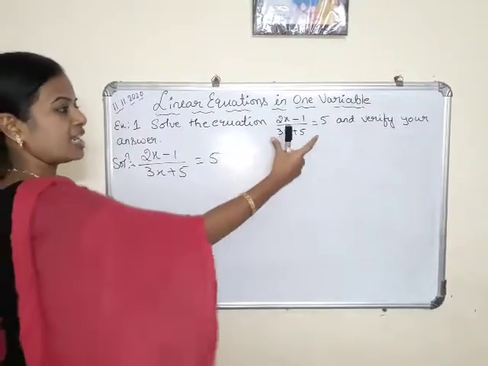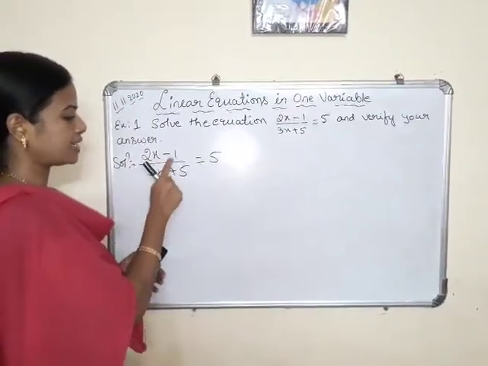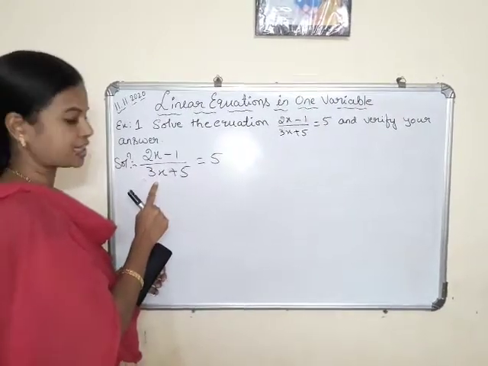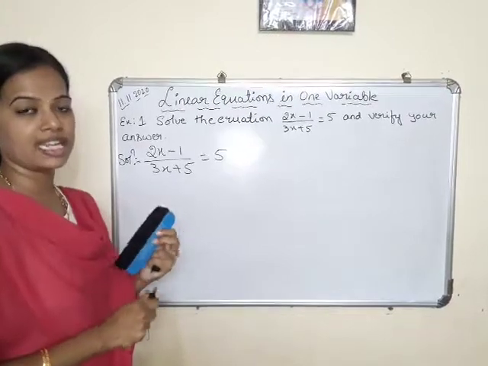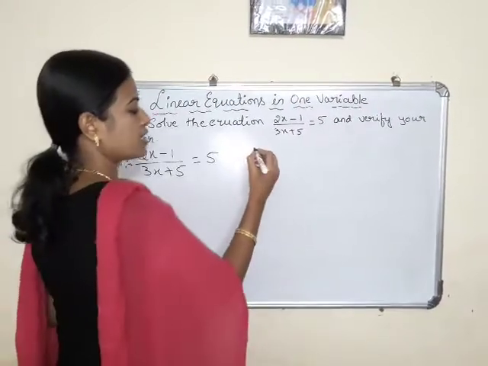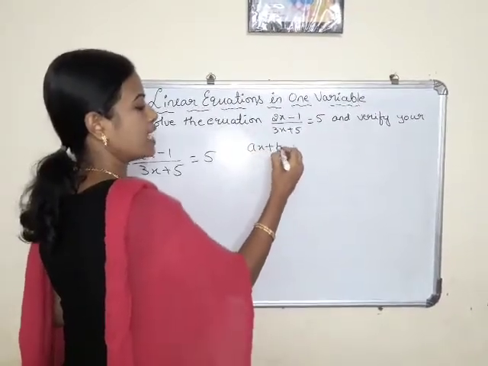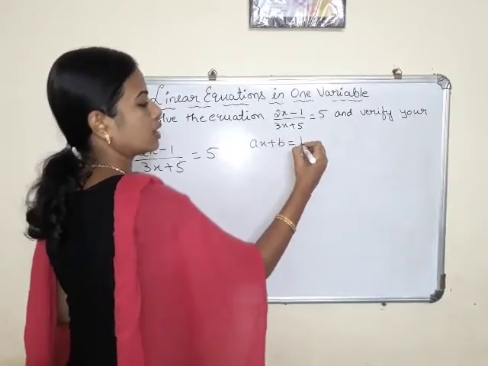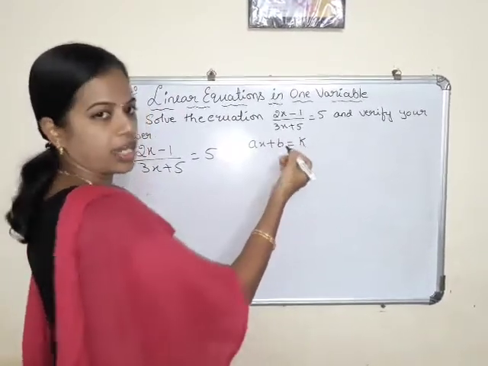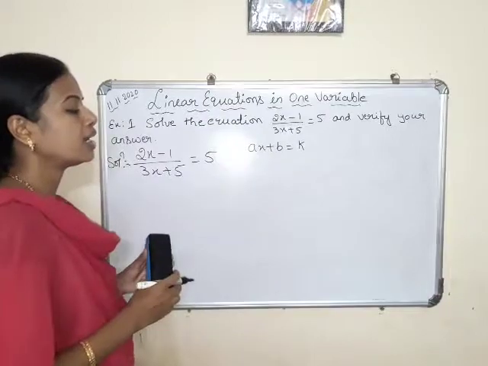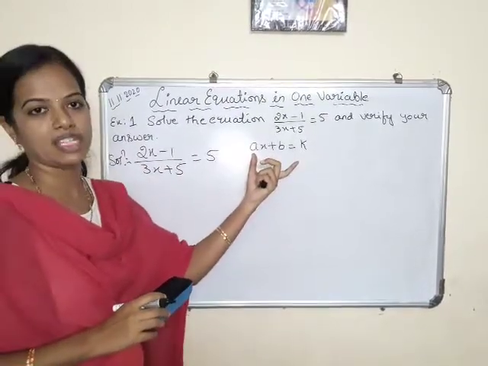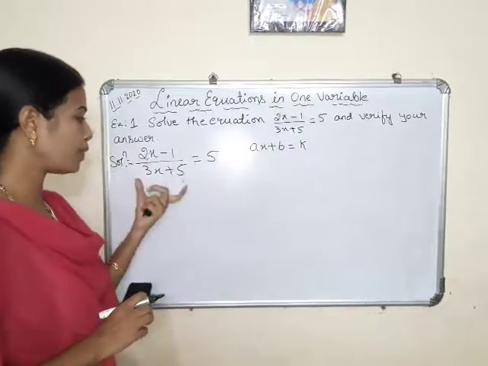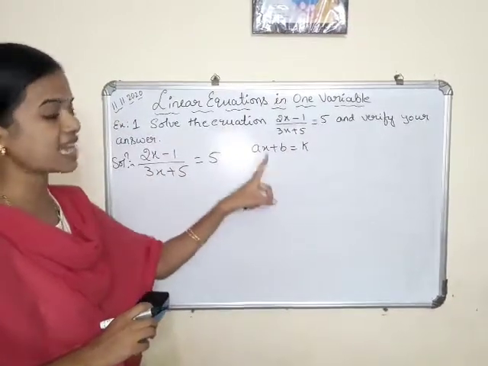Here the given equation is 2x minus 1 divided by 3x plus 5 equals 5. The standard form of the linear equation we already discussed: ax plus b equal to constant or c. Here the given equation is not in the form of a linear equation, so you have to make the given equation into the standard form.